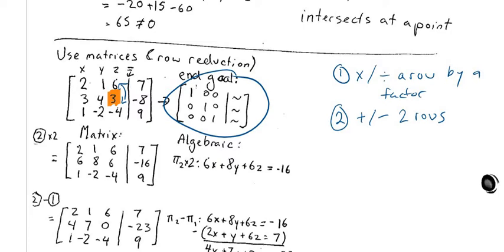So step 2, we said we want to get that 3 and turn it into a 6. So what we're going to do is take row 2 and multiply it by 2. So if we look at row 2 now, everything from row 2, from step 1, is just multiplied by 2. 3 becomes 6, 4 becomes 8, 3 becomes 6, and negative 8 becomes negative 16.